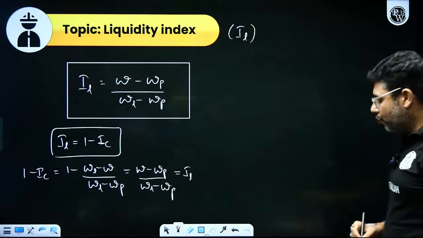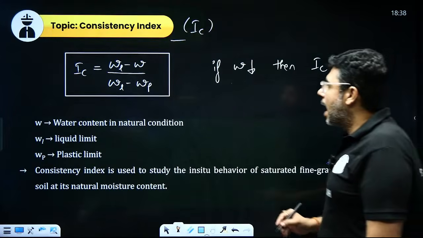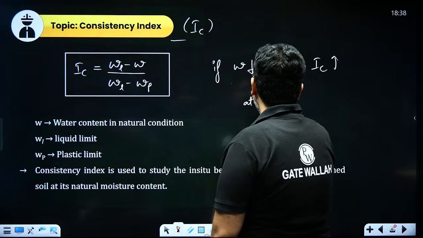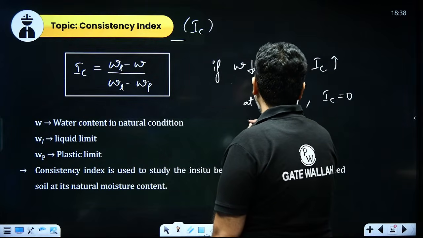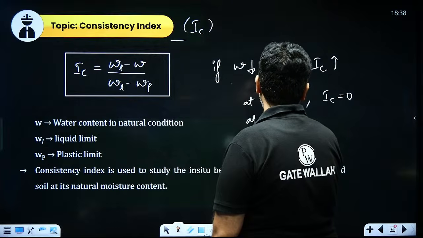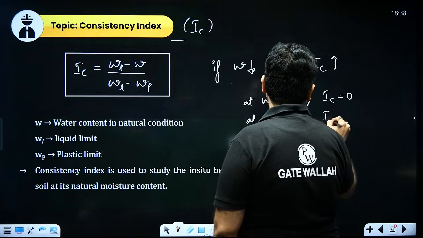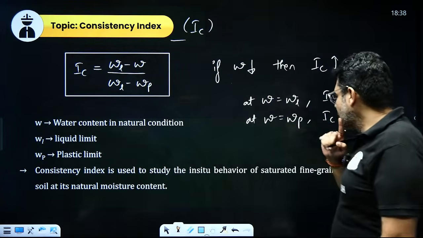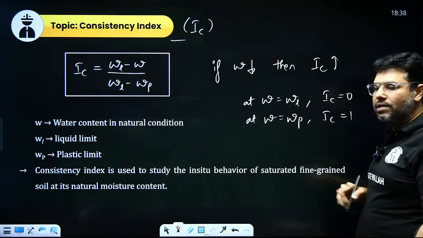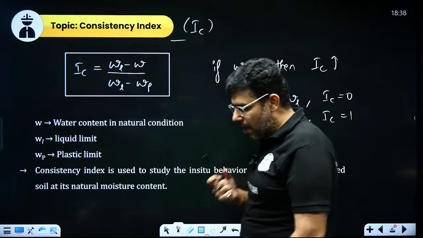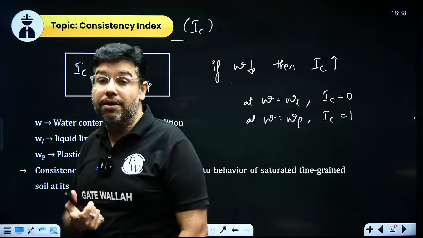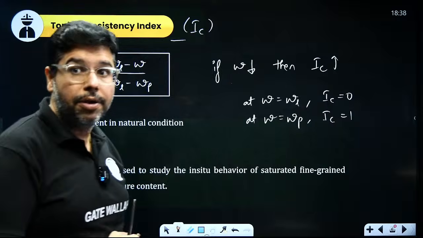One thing you should also understand, that at W equal to WL, IC is 0, and at W equal to WP, IC is equal to 1. It means all soils at plastic limit will have the same value of IC, so with the help of IC you can't compare the stiffness of soil at plastic limit.